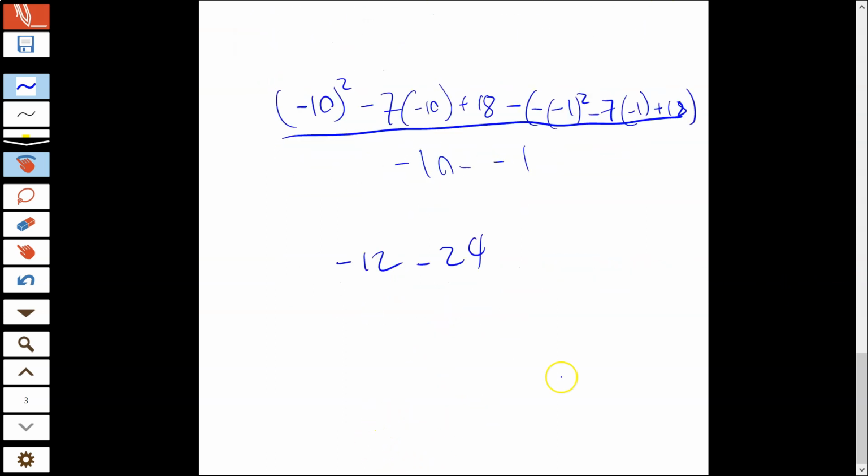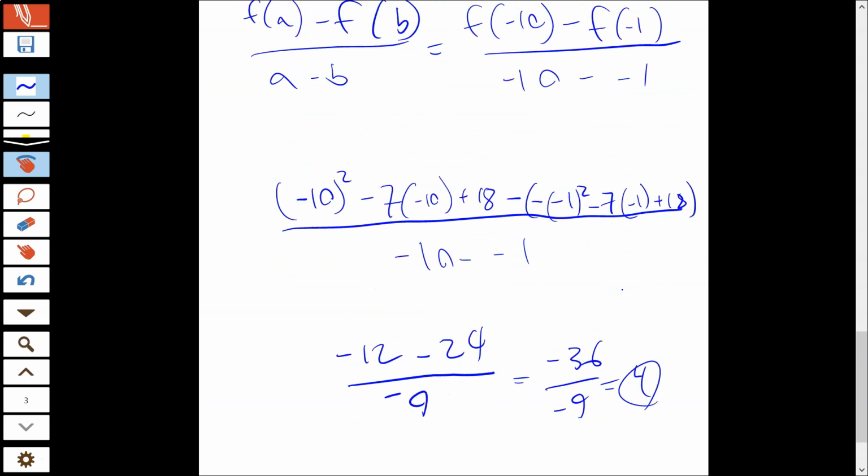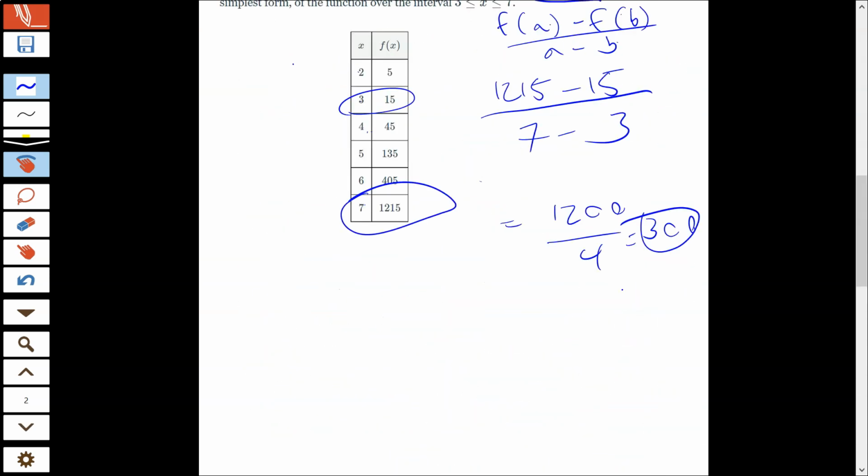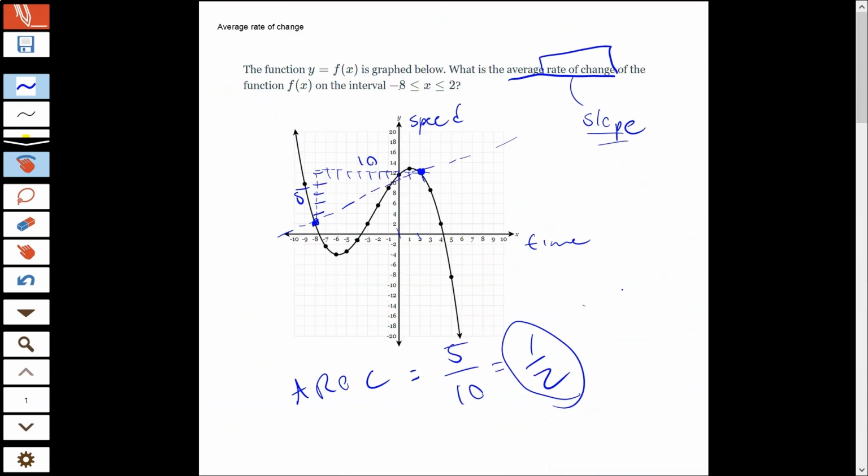Well, that's negative 9, right? And then we have negative 36 over negative 9. And it works out to a nice round number. That gives me a positive 4. So that is my average rate of change. So the math, no matter how I give these to you, either as a function or as a table or as a graph, is always just the slope formula. That's something you already know how to do.